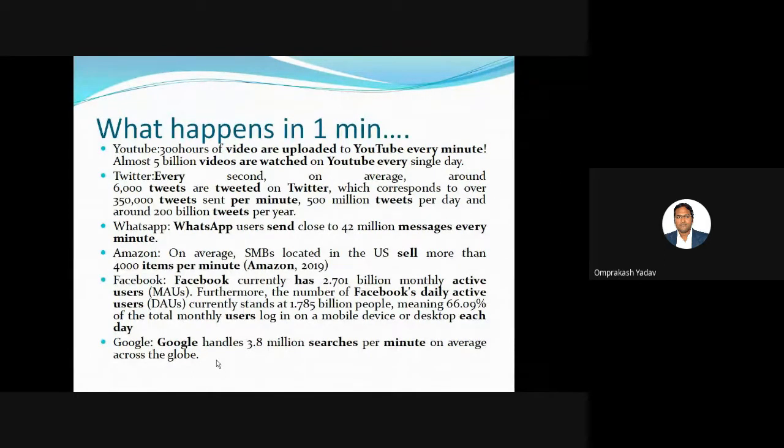So you can see in a very small time so many things are happening. Nowadays we have lots of gadgets also. For example, we have shoes and wristwatches that will record each and everything.